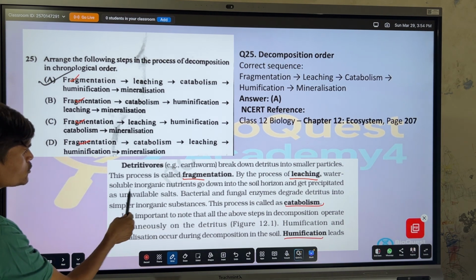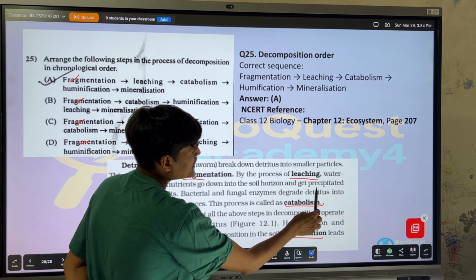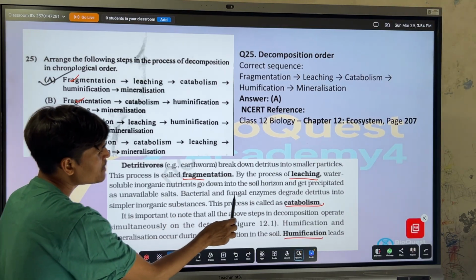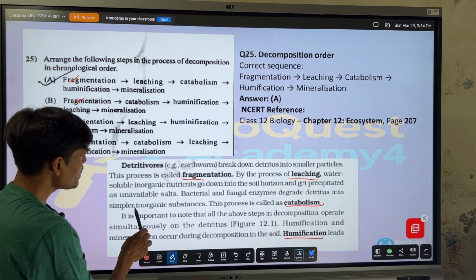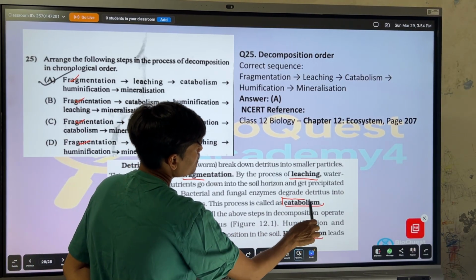Leaching. Water soluble organic nutrients go down into soil horizon and get precipitated as unavailable salt. Bacterial and fungal enzymes degrade the detritus into simpler inorganic substances. This process is called catabolism.